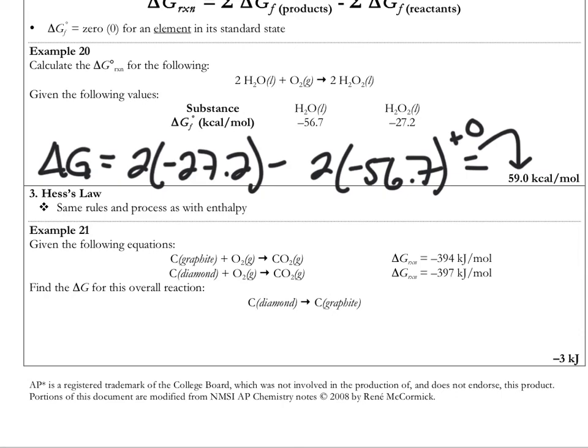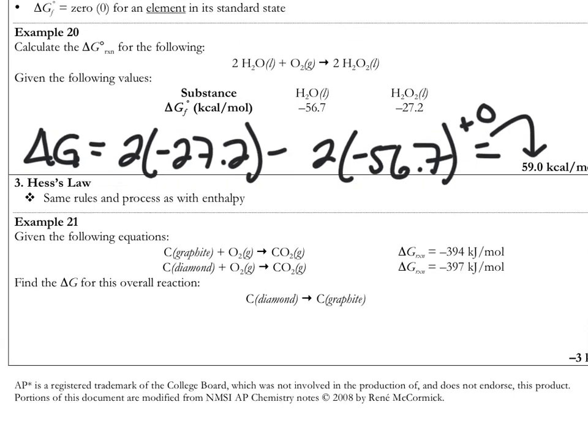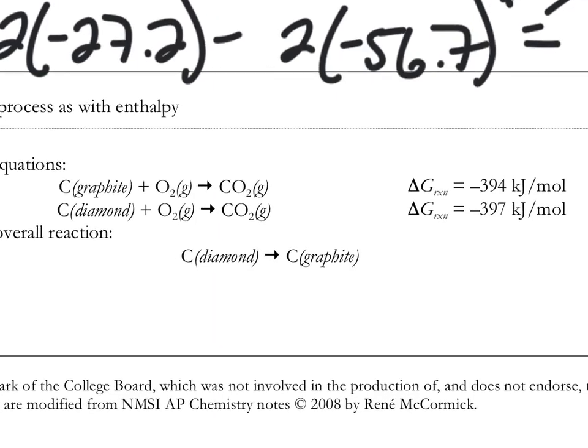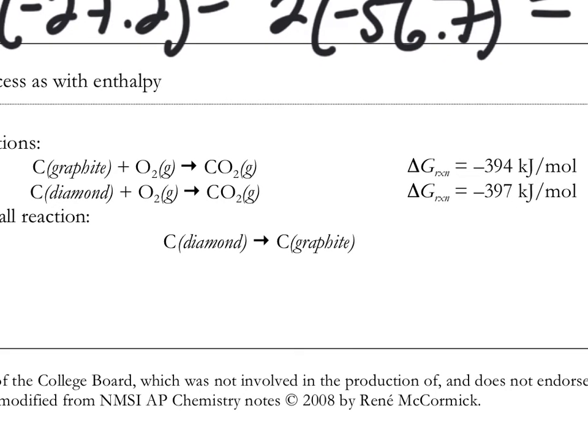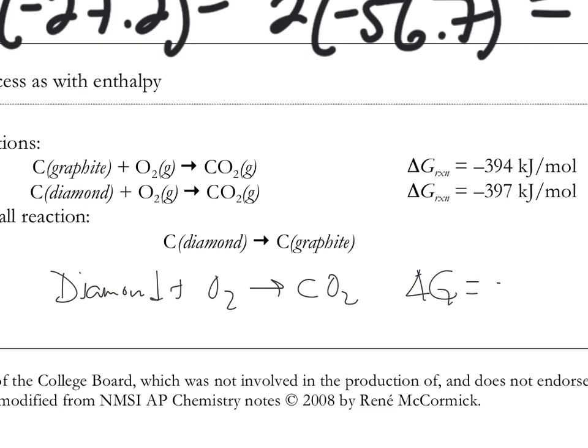So to put these together, I'm going to zoom in just a little bit. Hopefully keep everything. There we go. So then I'm going to keep the diamond one, so I'm just going to call that diamond, plus O2 makes CO2. That stays as is, so the delta G is the negative 397.